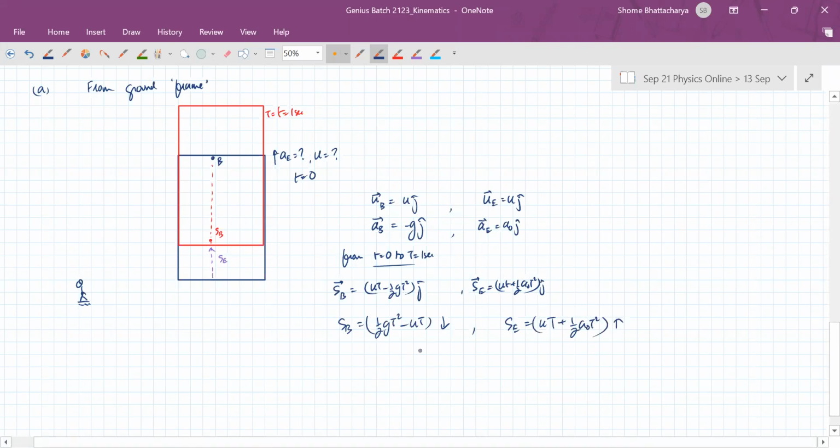Now, you can see from the diagram that the sum of the magnitudes of these two displacements should be equal to h at t equal to capital T. So the sum of these two displacements is h, to get that same relation.